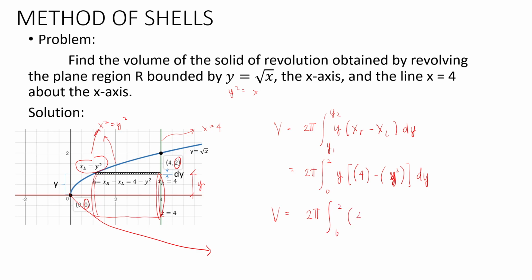So this becomes the integral of 4y minus y cubed dy. Okay, so the answer would be 8 pi again, right?